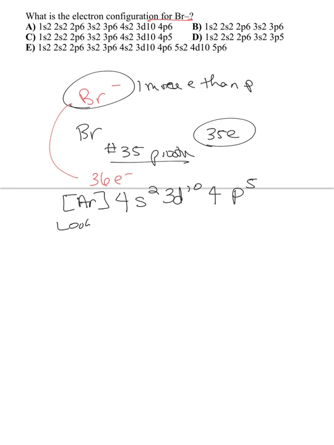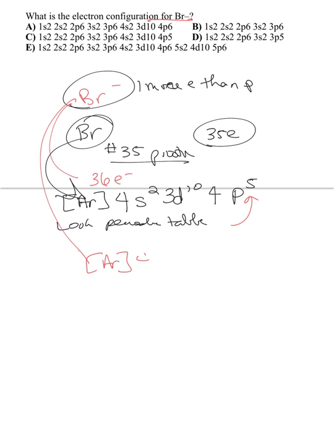So you got to look at the periodic table, and you got to find the bromide. Now that is for your ground state bromide. I always do ground state first. Then you add an electron. So you're going to add the electron in the highest energy state. So this one would be argon, 4s2, 3d10, 4p6.